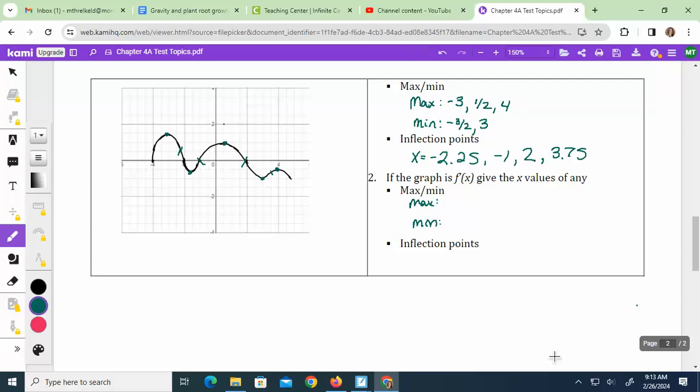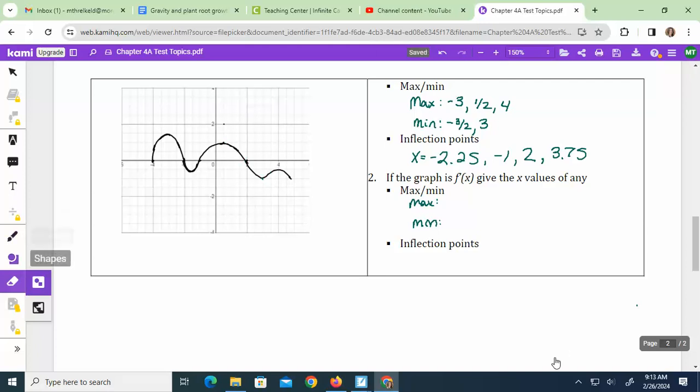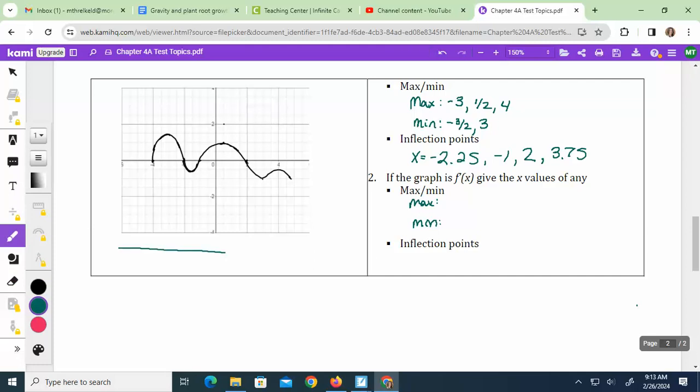All right, if you are actually looking at the derivative, so if this is my derivative graph, we're going to answer the same questions. So if this is the derivative, maxes and mins happen when the derivative was 0. All right, so if I look at that, the -4, technically it's 0 here, but the graph doesn't exist before, so would it be anything?